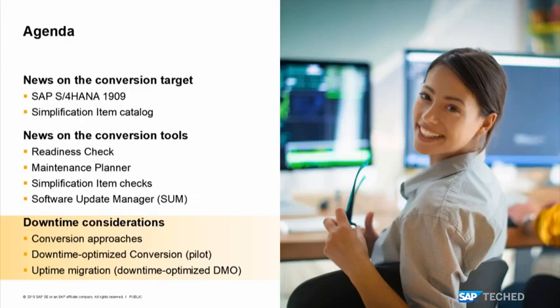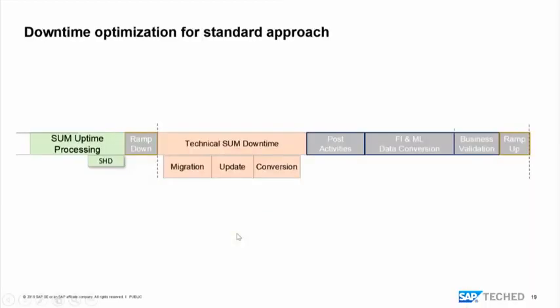And this leads us to the third section on downtime optimization, where I finally explain what downtime optimized DMO is. NZDM was already mentioned there as well: conversion approaches, the downtime optimized conversion approach that is piloted, and downtime optimized DMO. That is the third section now, coming to this usual picture with the blocks on uptime and downtime activities of the SUM tool.